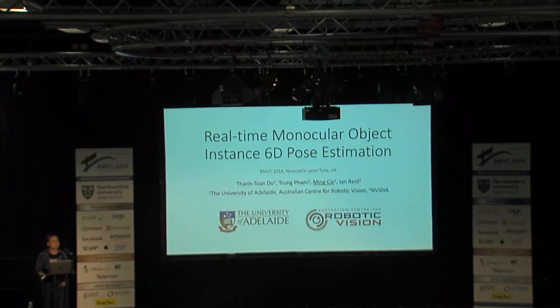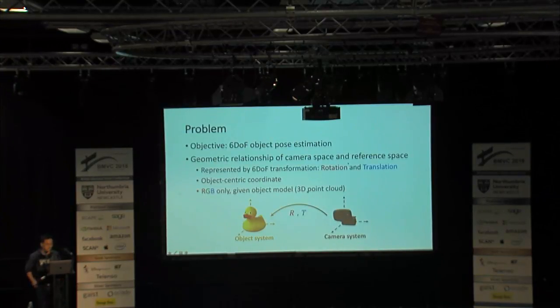Please allow me to start with the problem we're trying to solve in this work. The objective we want to solve in our paper is 6 degree of freedom object pose estimation. As we all know, pose estimation is one of the fundamental problems in computer vision.